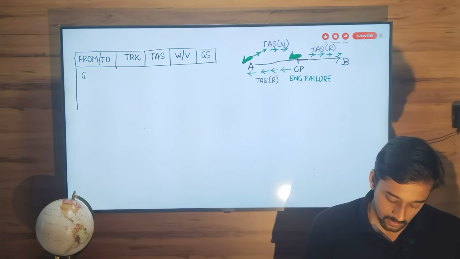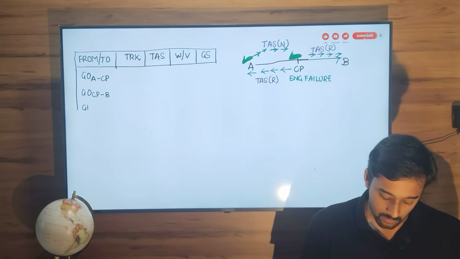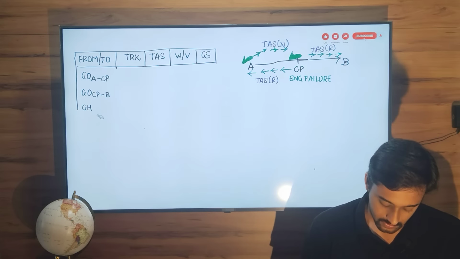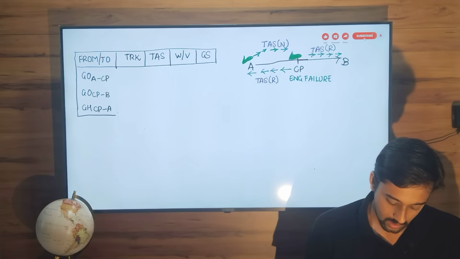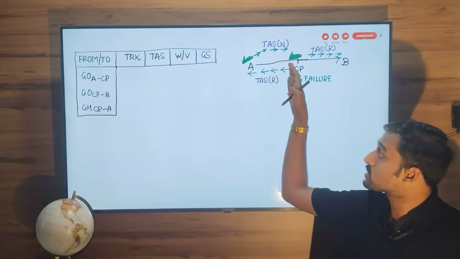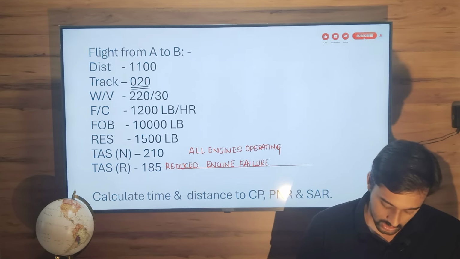Now ground speed outbound from A to critical point, ground speed outbound from critical point to B, ground speed homebound from critical point back to A. When you go from A to CP, the track that is given to you is 020.